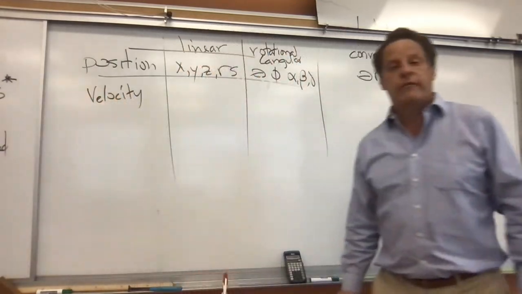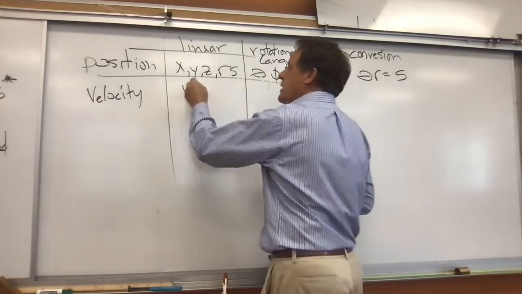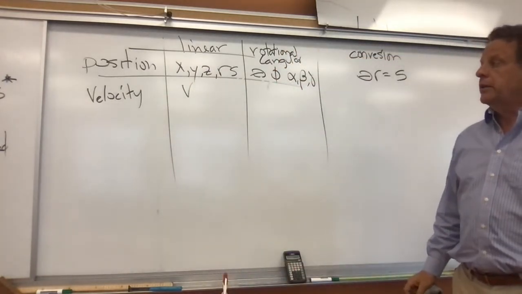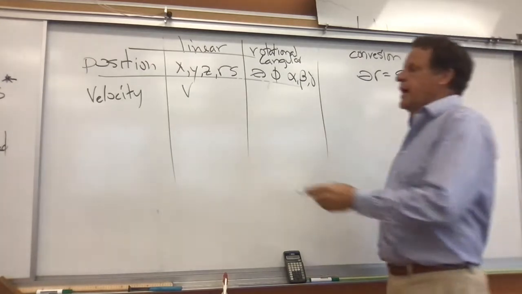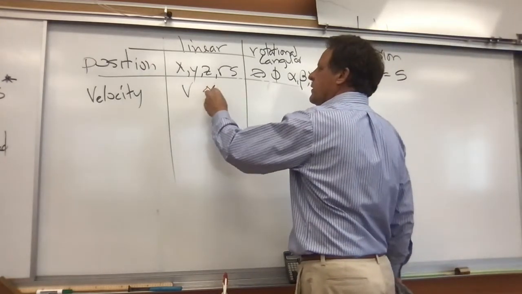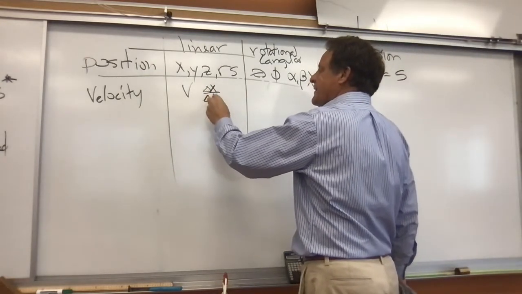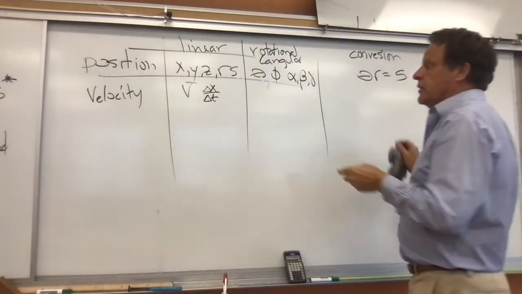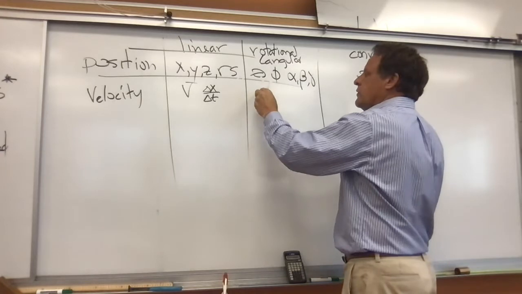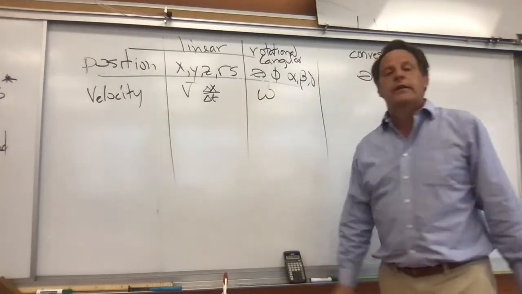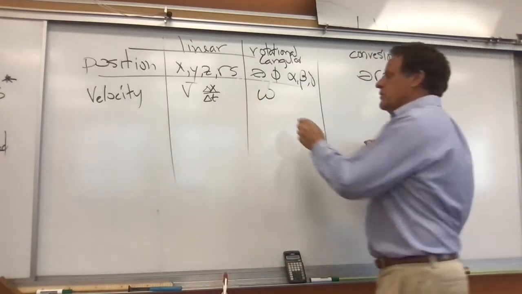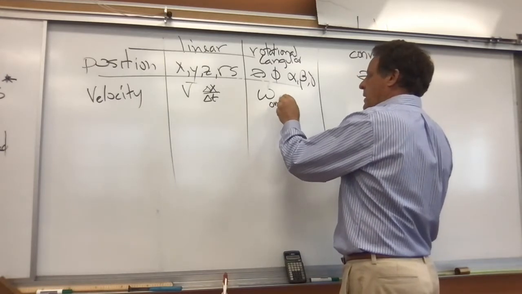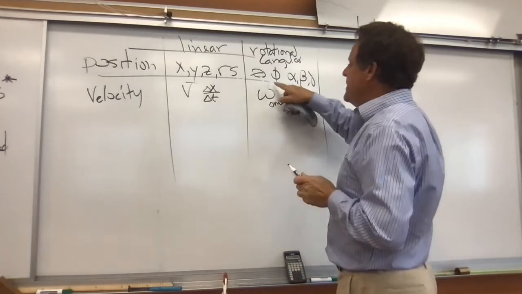Now if we talk about velocity, we are going to use v for our linear velocity. Just remember that this is going to be delta x divided by delta t, particularly if we have average velocity. For a rotational sense, we're going to have omega. This is lowercase omega, and it's not w.